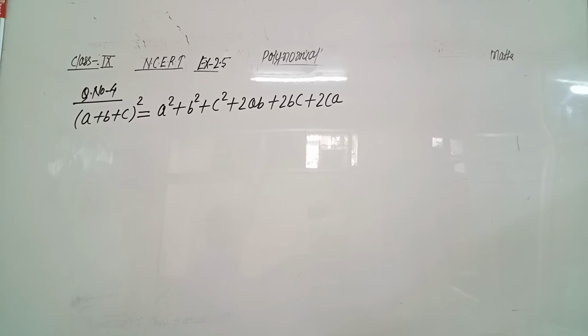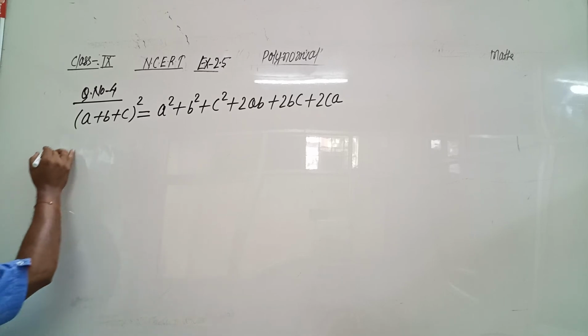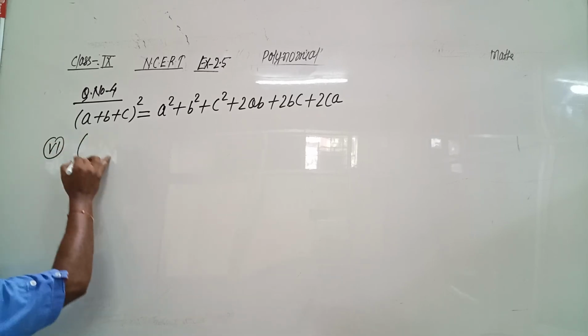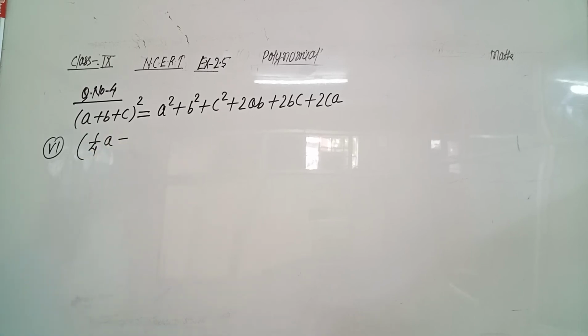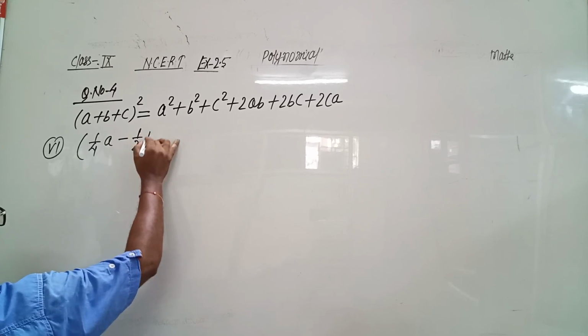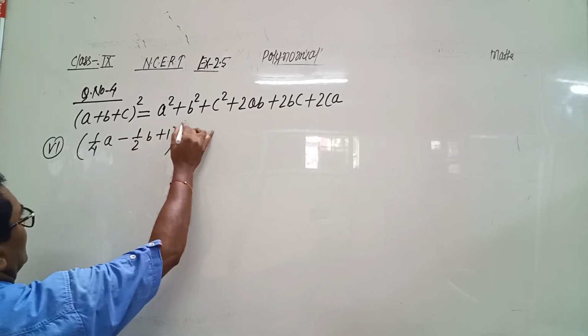Sixth part of this question. This is 1/4a − 1/2b + 1, the whole square.